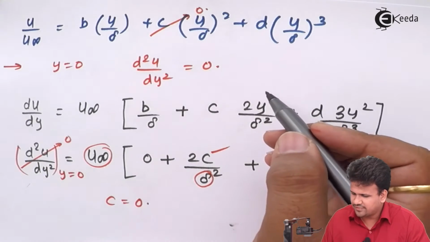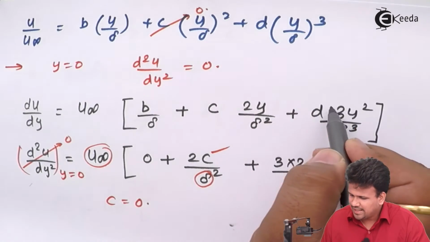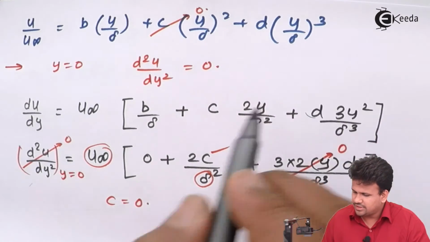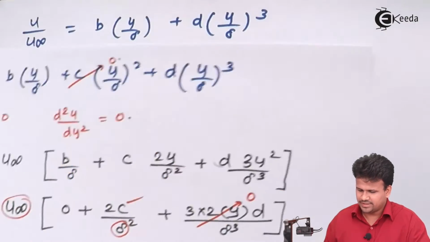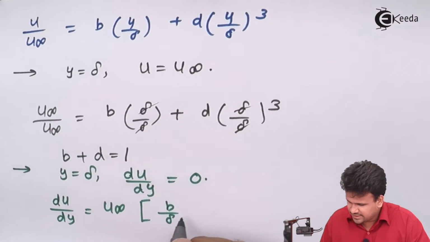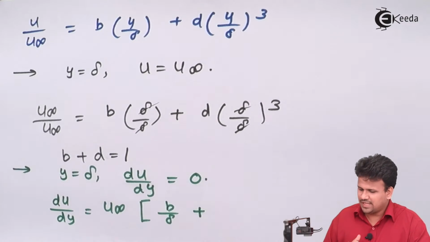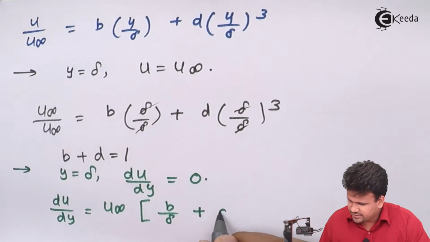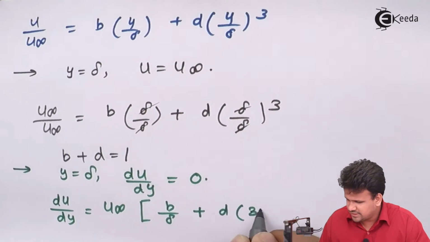The c value we don't have to consider, this part will be 0, and d into 3y square by delta cube. So let us substitute this value. So this is b by delta, there won't be a c value because c is 0, and d into 3y square by delta cube.